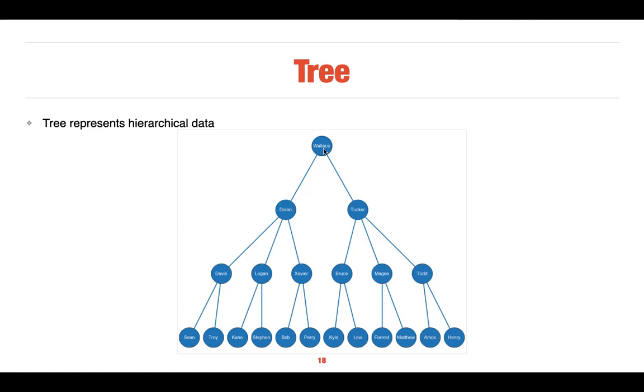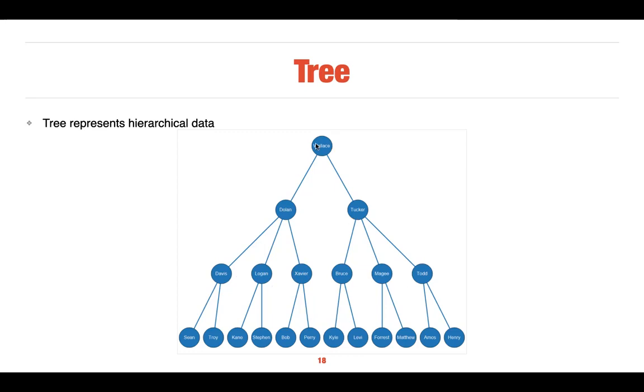Say Valis is the CEO, and the employees who report directly to the CEO are Dolan and Tucker. So we can create a hierarchy. Then the people who report to Dolan are Davis, Logan, and so on. So this is the hierarchy of the organization, and in the tree structure, we can represent them.